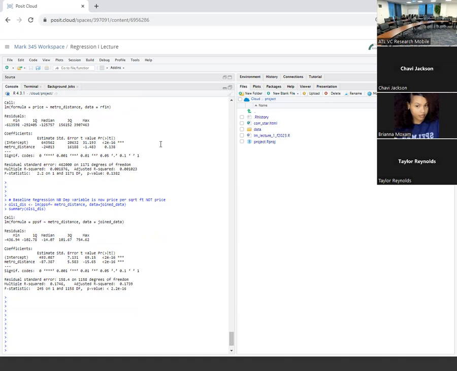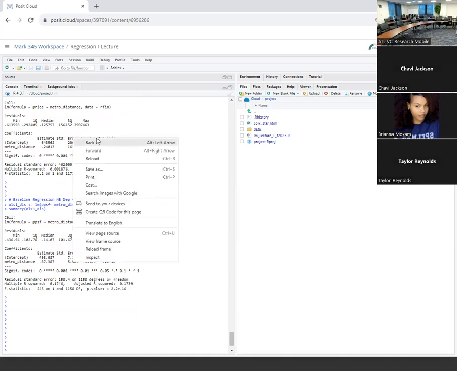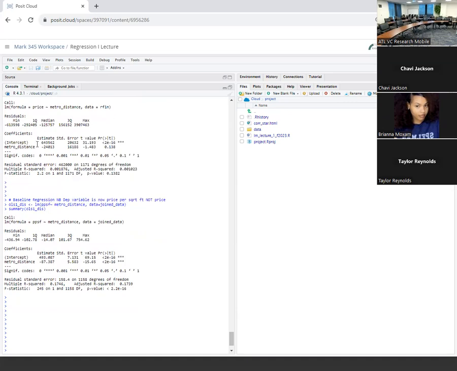You said what's the difference between price per square unit and price? That's gonna be part of the answer, but the question really is why are we finding metro distance to be relevant for price per square foot and not relevant for just price of the house?